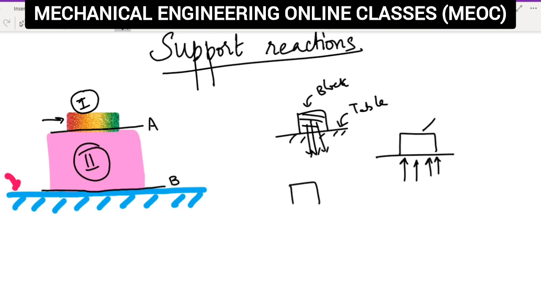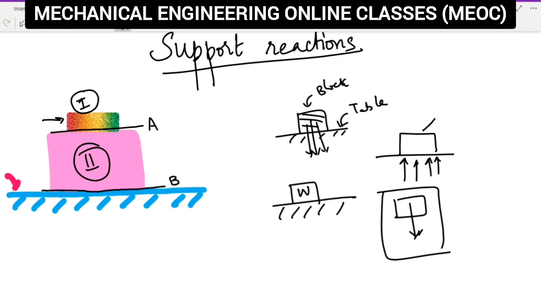If this is a block lying on the floor, suppose it has weight W. So this weight W is acting vertically downward. But if this is the only force acting on the body, and there is no other support or reaction from the support, then this body would actually fall down to the ground. But this is not falling down, it is still staying on the table.